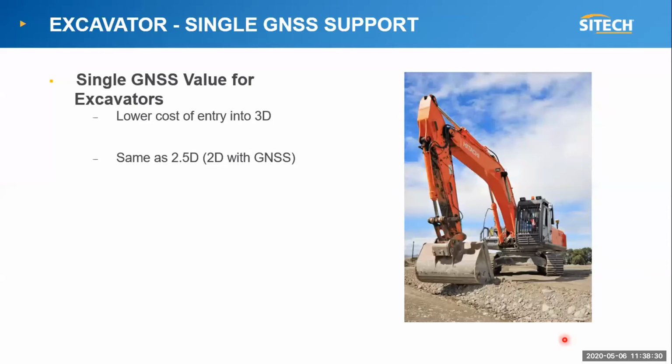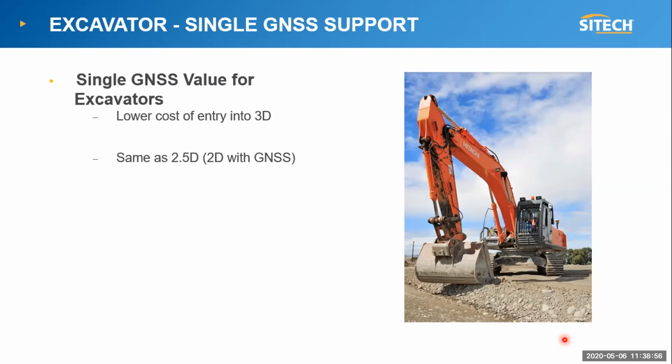If you are recording points or making a simple alignment of some sort, then you can add a single GPS receiver to your 2D system, and it'll give you a GPS reference for that position. It doesn't have the full 3D design functionality. This is just an entry of having GPS technology on your 2D machine.